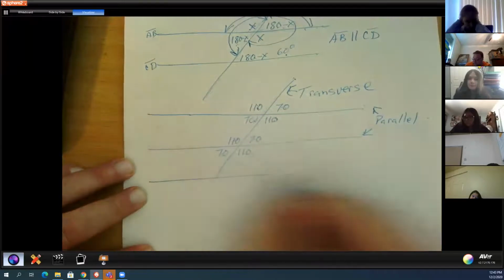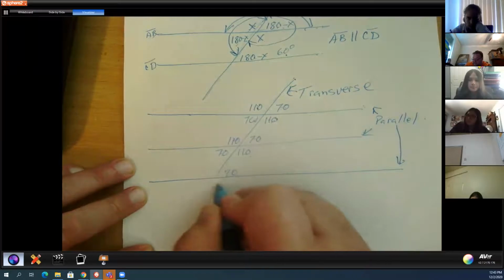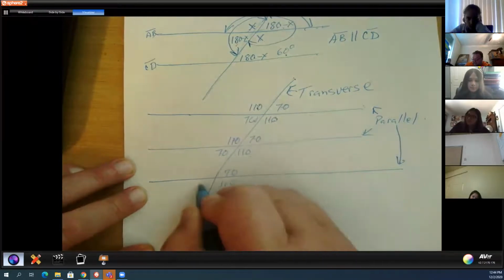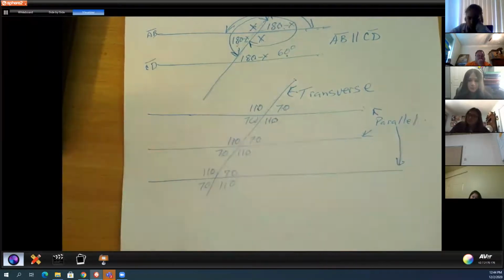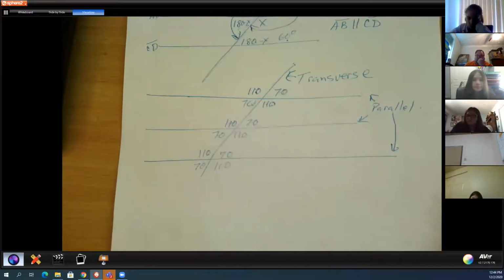Now, if I throw another parallel line in here, it's going to have the exact same pattern. So the basic concept here is, because the lines that it is crossing are parallel, it hits them at exactly the same angle.